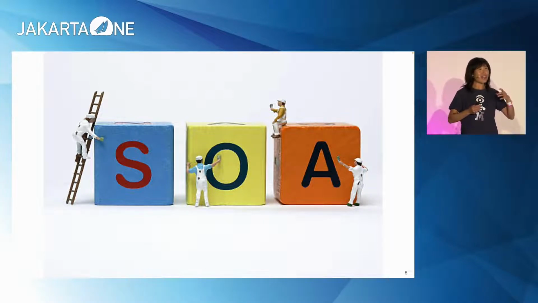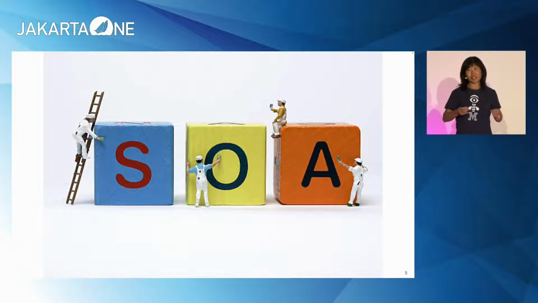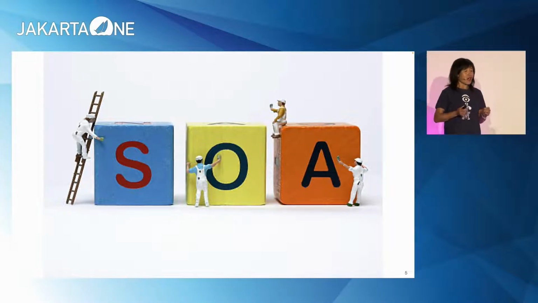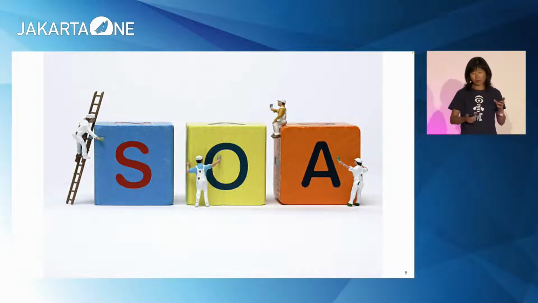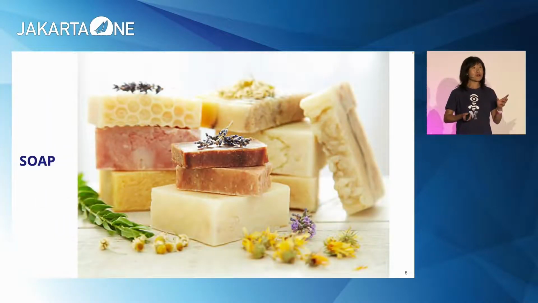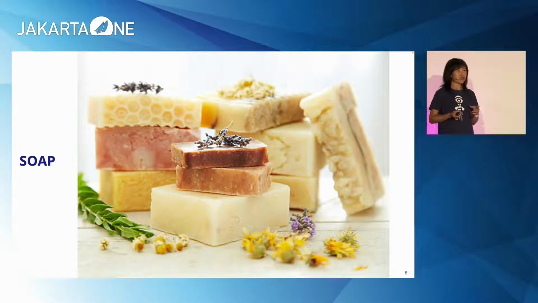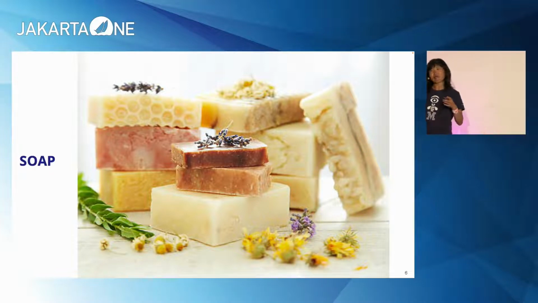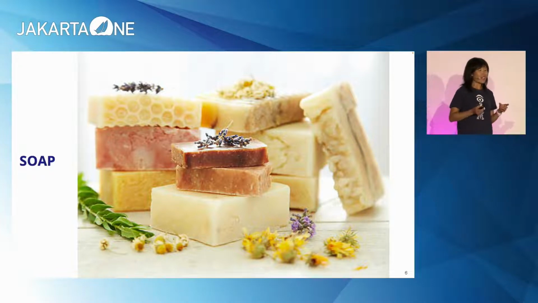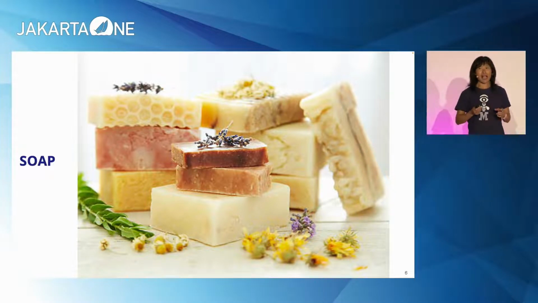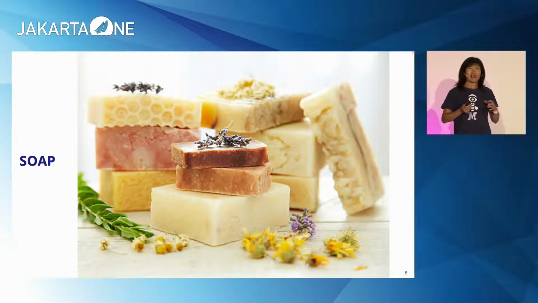Basically, the idea is you send messages between the services, and for these communications it uses a protocol, SOAP, Simple Object Access Protocol. For SOAP, the original design is simple. However, it's not simple, and everything needs to be wrapped in XML.